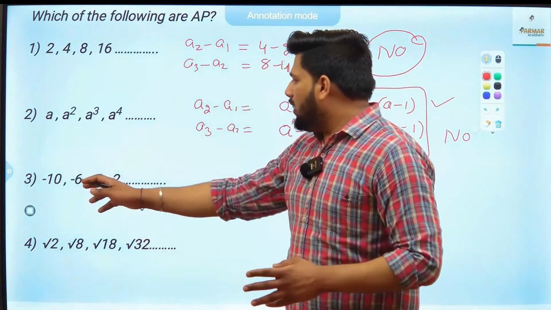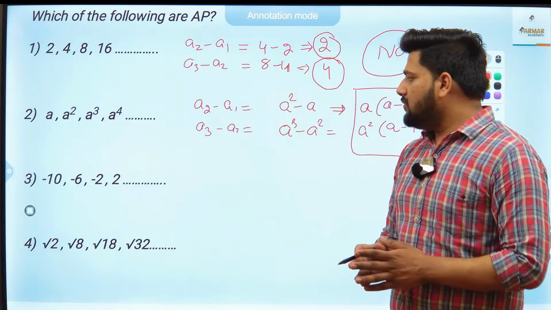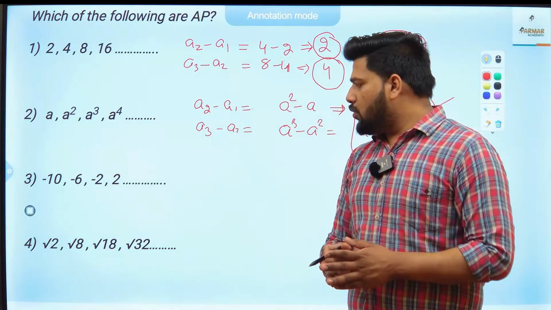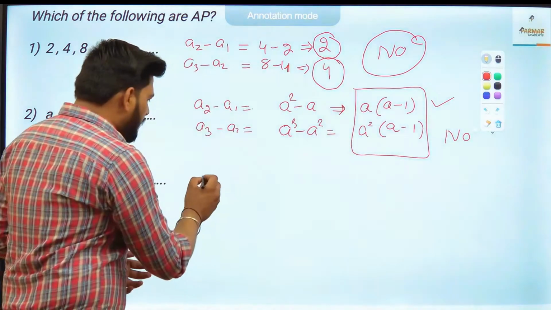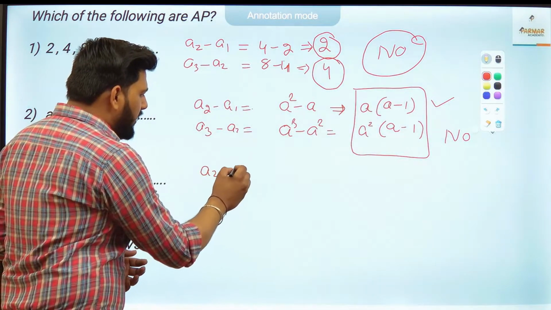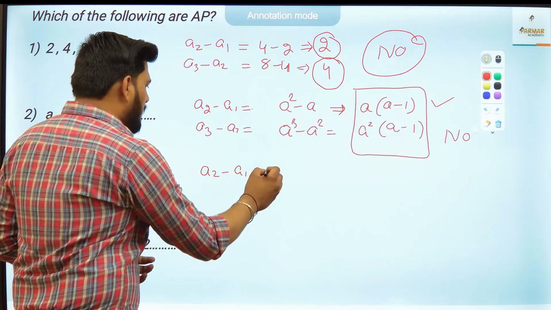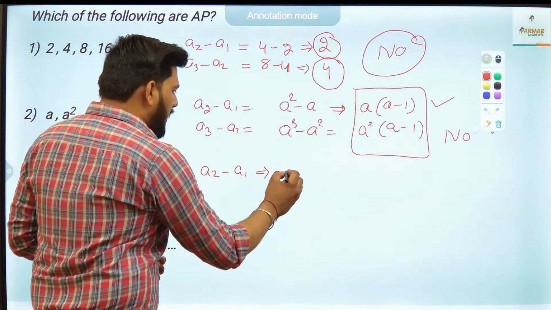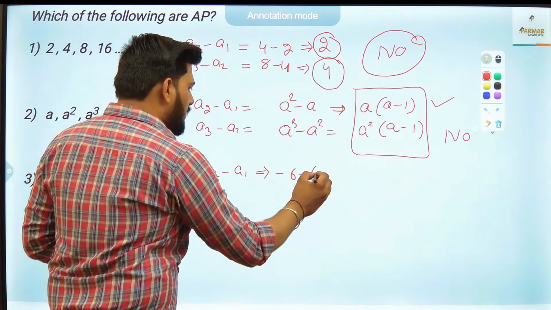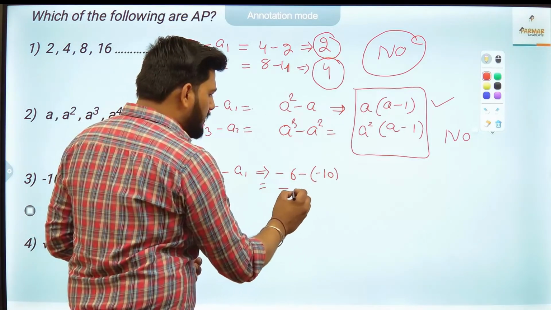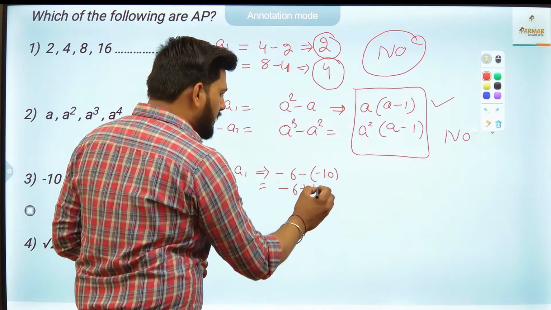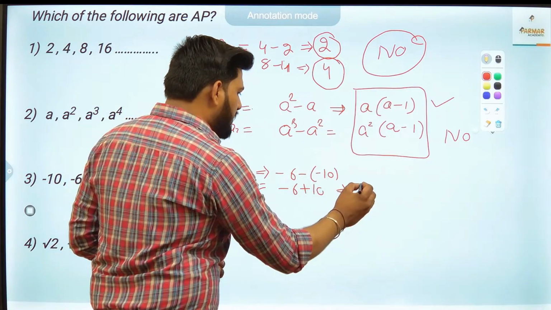Now the third is minus 10, minus 6, minus 2, 2 and so on. Next, the difference between the second term and the first term is minus 6 minus minus 10, which is minus 6 plus 10, and the overall calculation is 4.